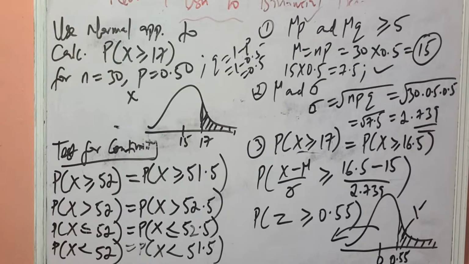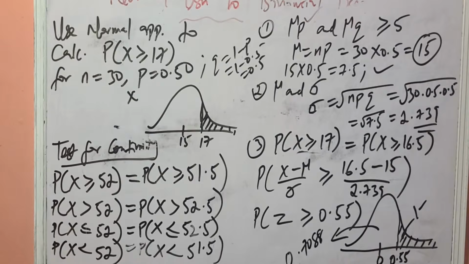Of course, what's your answer? Anybody here with an answer? So we have 0.55. That will be 0.5 under 0.05. That will be 0.7088. And of course, the portion right here, as I said, that comes from the table is 0.7088.